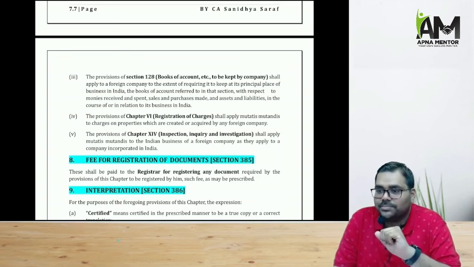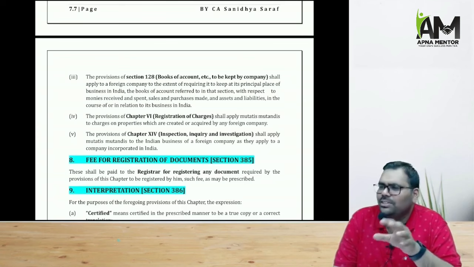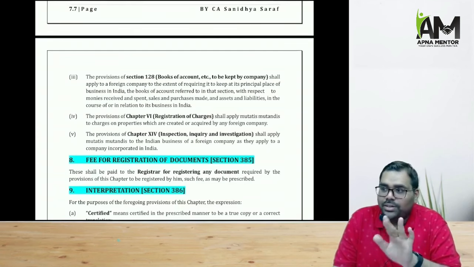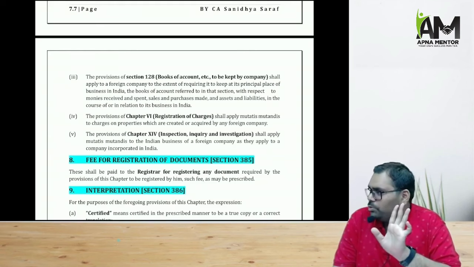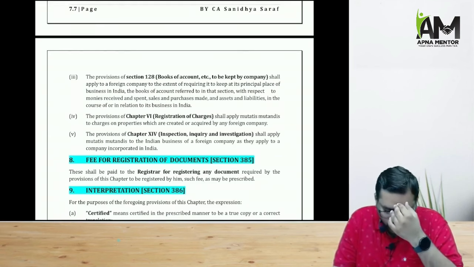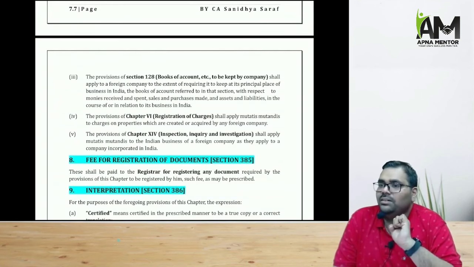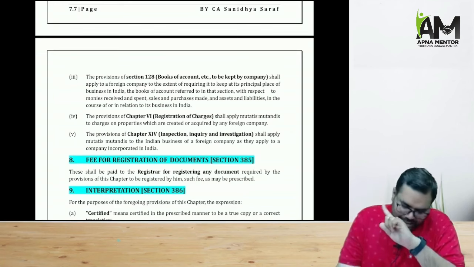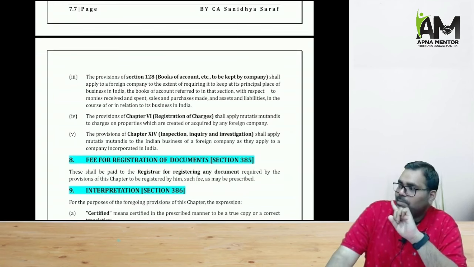Registration of charges. So whenever an Indian company takes any loan or something like that, and they are creating any charge on its assets, in that situation, they will also have to inform the ROC about it. Then that chapter, registration of charges, will also be applicable to you.